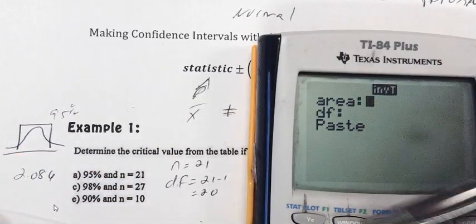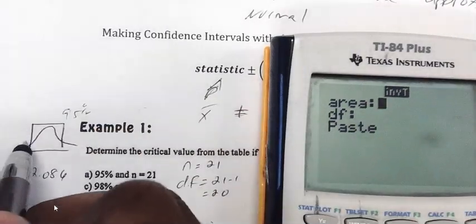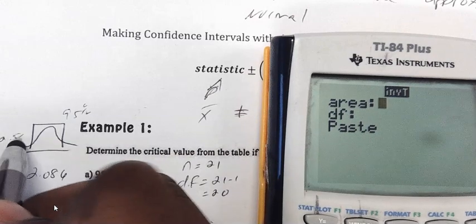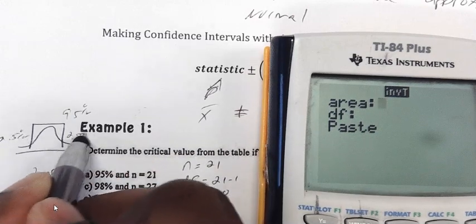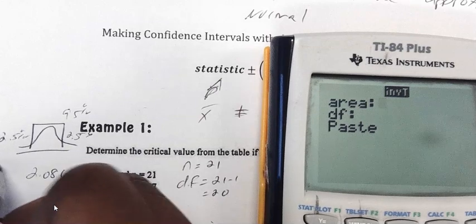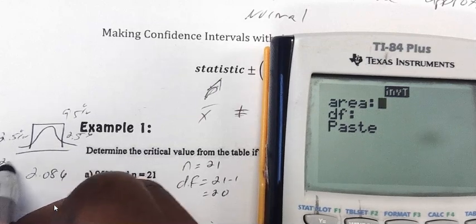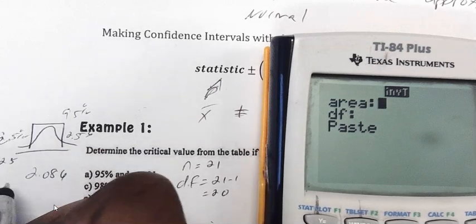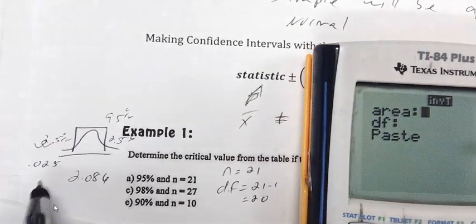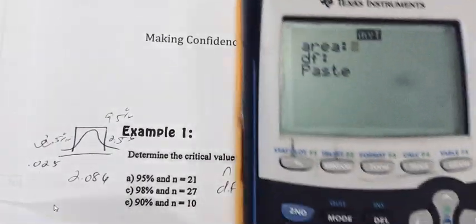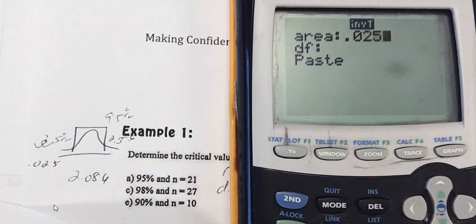The area we're looking at in this case is this part, which is 2.5%. So that decimal is 0.025.